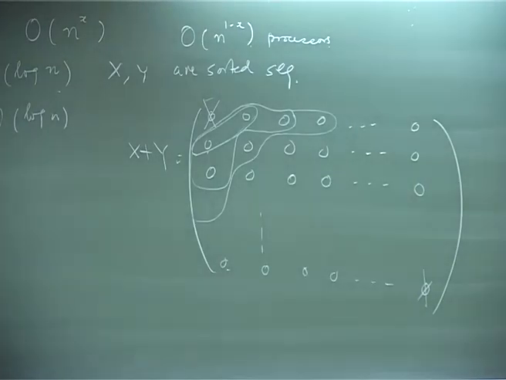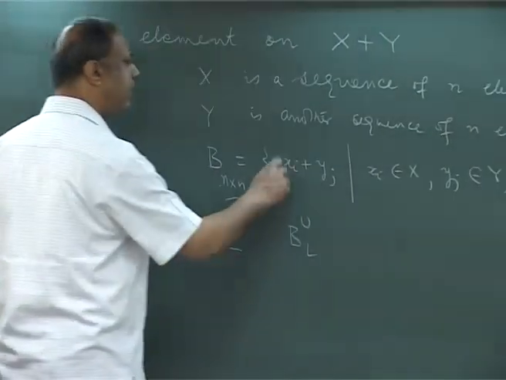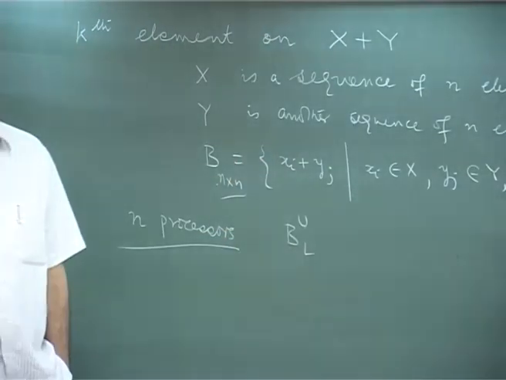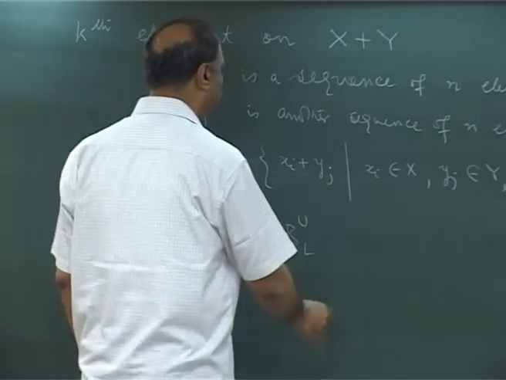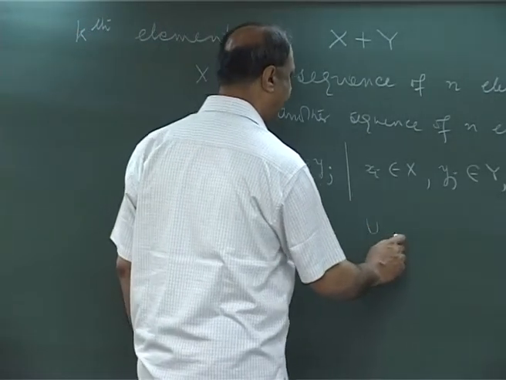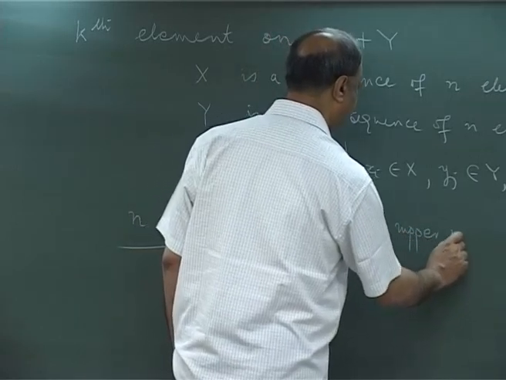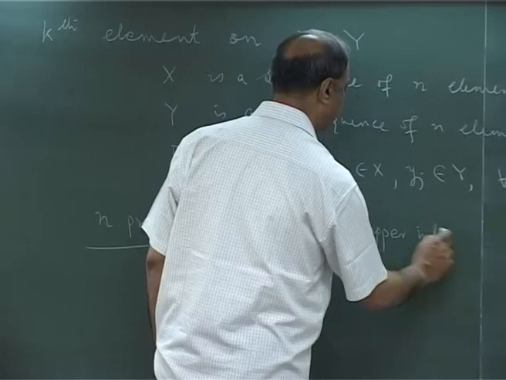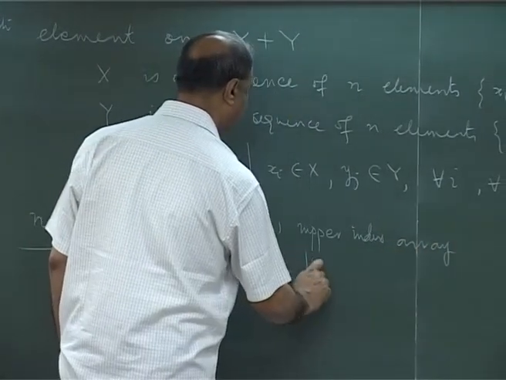So let us define B_UL as a subpart of the matrix, where U is the upper index array and L is the lower index array.